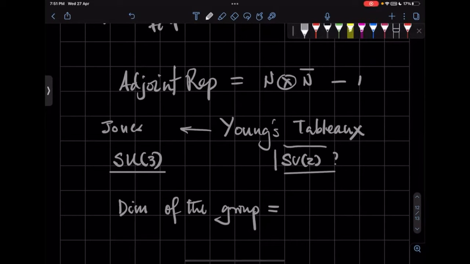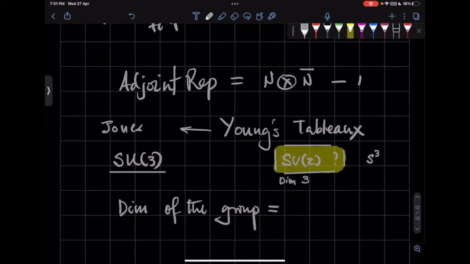What kind of manifold is SU2 represented by? We did a construction. I think it's a 3-sphere. I mean S2. S2 or S3? Oh yeah, S3. Right. So the dimension of SU2 was 3.